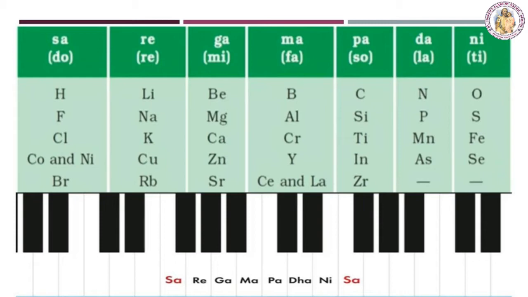The first and last notes of this octave are the same, for example, Sa. Likewise, in the Newlands table of octaves, the element F is 8 from the element H, thus they have similar properties. So, John Newlands arranged all the elements based on the 8-note octaves. So every eighth element in the order of increasing atomic mass has properties similar to the first element.